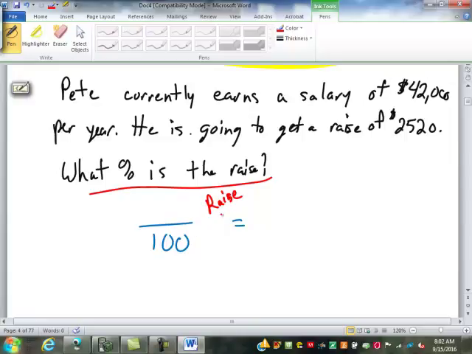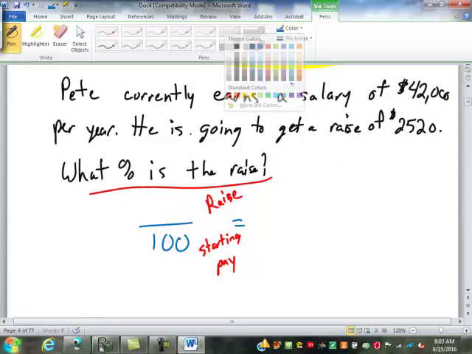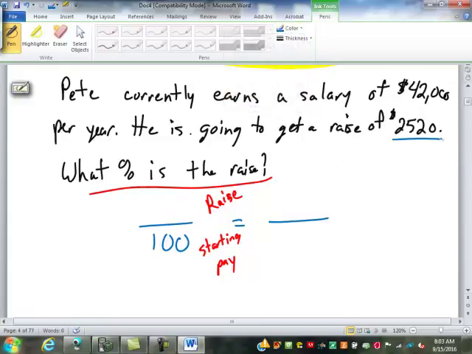So here, the 100% is his starting pay, his initial pay, the beginning amount. So on the other side over here, we've got the 2520 and the 42,000. Which one represents the raise? 2520. So the 42,000 is the starting pay.